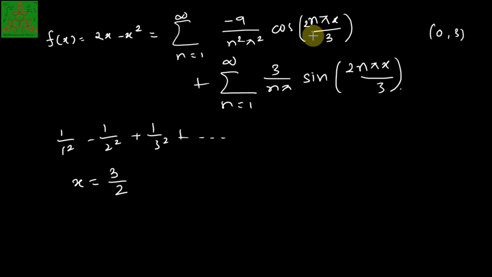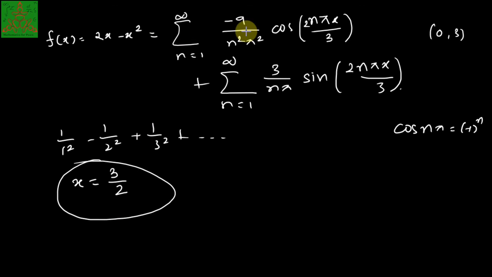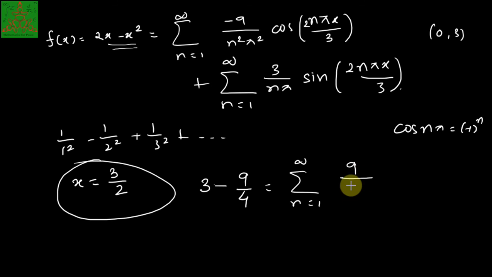So that's why this x is also cancelled out. So this 2 is also cancelled out. So it has to be cos n pi, and cos n pi we know is minus 1 raised to n. So I am substituting x is equal to 3 by 2 in this expression. So this value we will have, it is 3 minus 9 by 4 equal to summation n running from 1 to infinity 9 by n square pi square into cos n pi, and cos n pi will be minus 1.